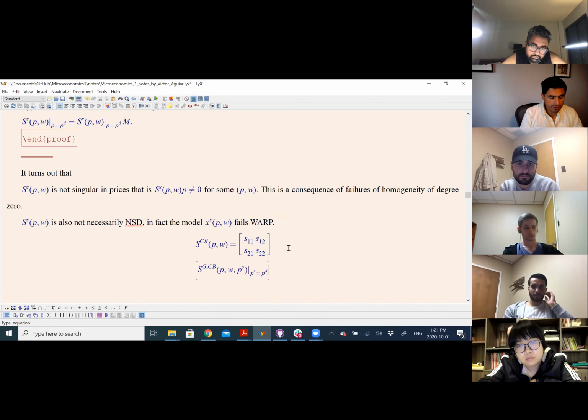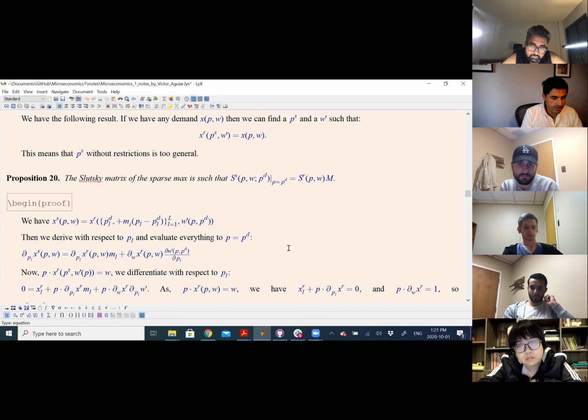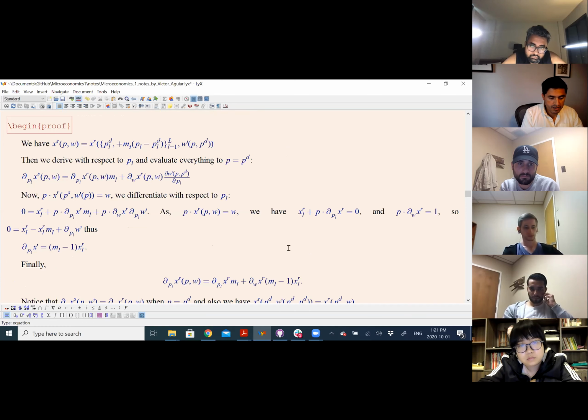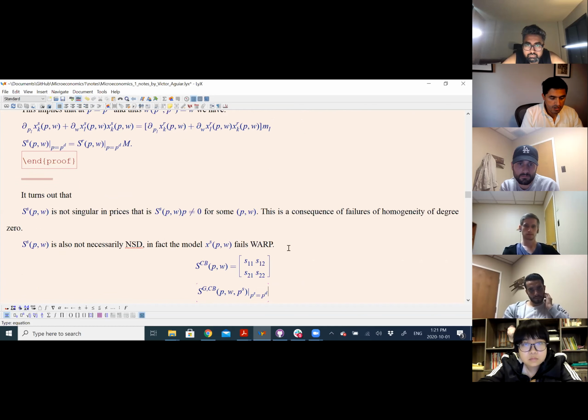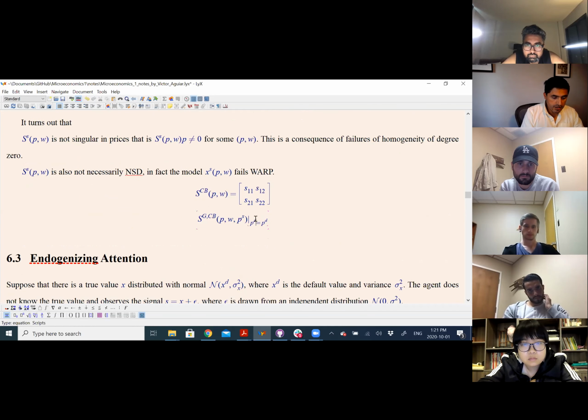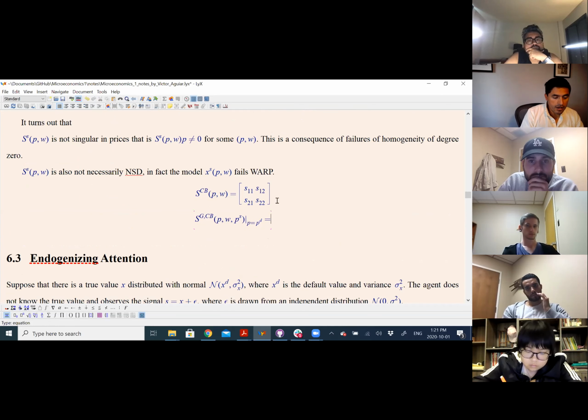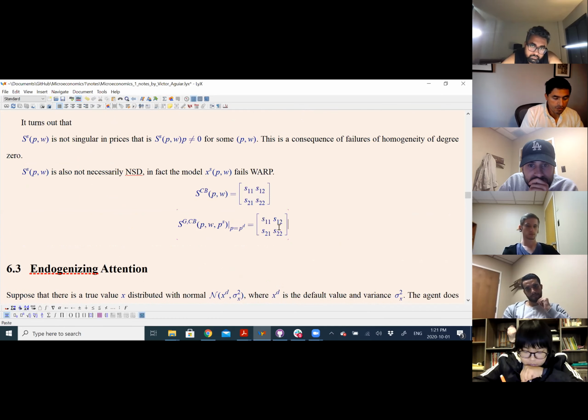So basically, as we can see in the result, P is equal to PD. In other words, in our model with the M, the price is just the default price always. So this is a local analysis around PD. And so this will be this matrix, multiplied by the following matrix.